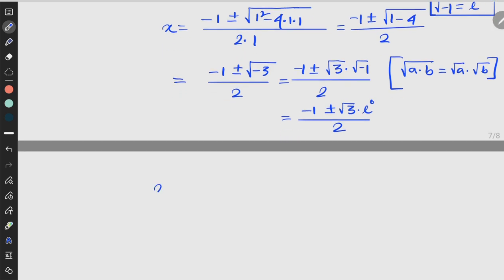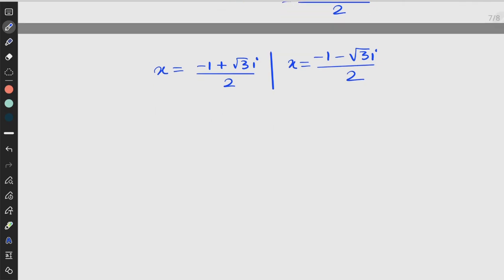Here we can write x equals minus 1 plus root 3i by 2 and x equals minus 1 minus root 3i by 2. These are the two roots.